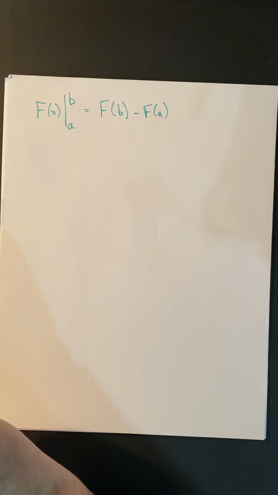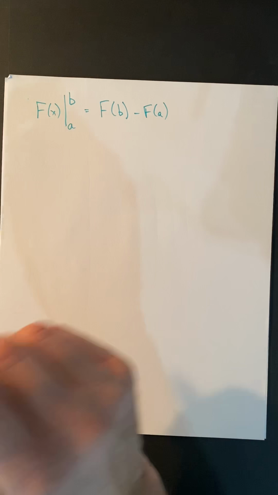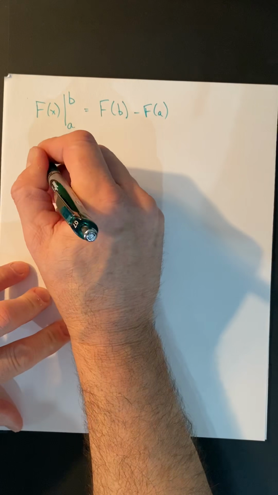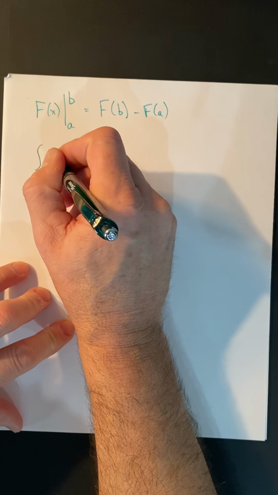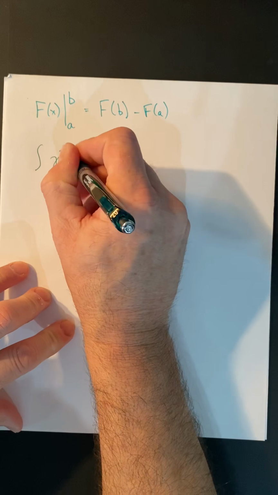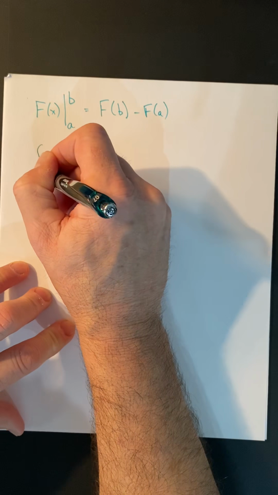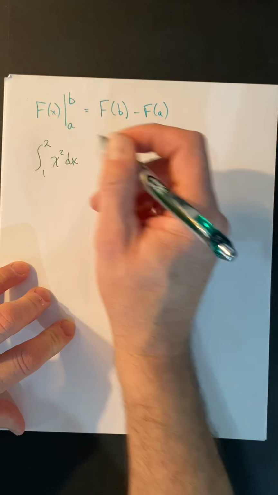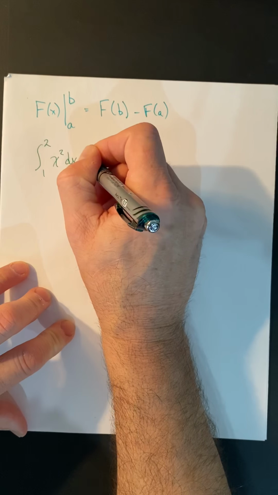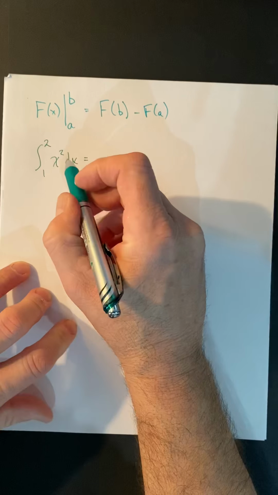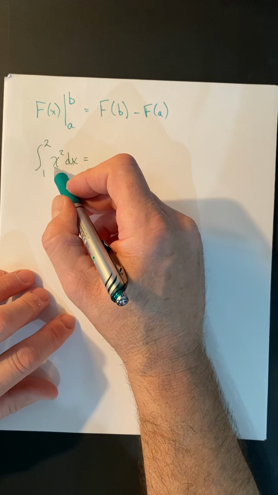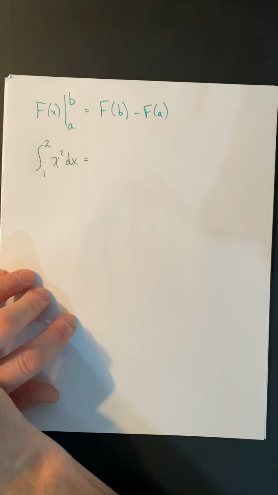So let's do an example there. If I take the integral of x squared dx, and I want to look at it from, in this case, 1 to 2, okay? So I need to integrate this particular function, right?